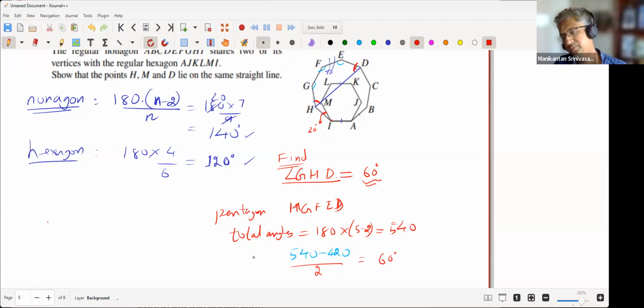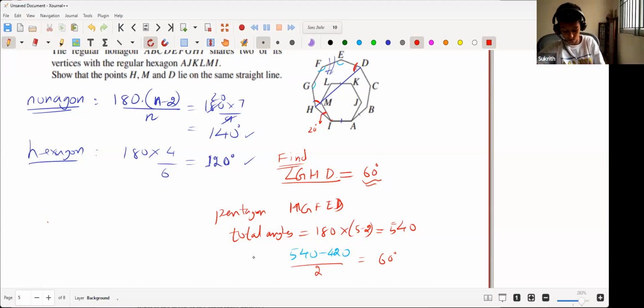Continue, Sukrit. Sir, and then I said that angle MHI would be 140 minus 60, which is 80 degrees. MHI, okay. And then HMI is equal to 180 minus 80 minus 20 because it's a triangle.